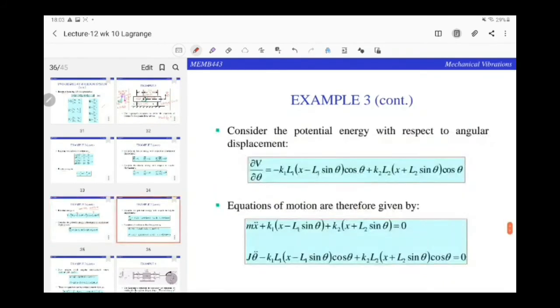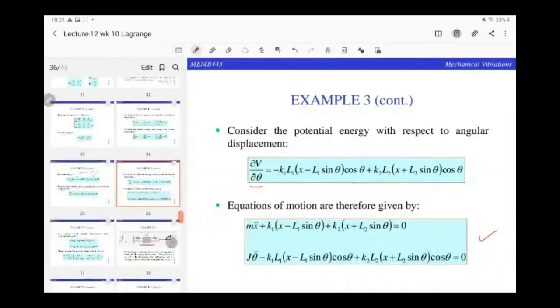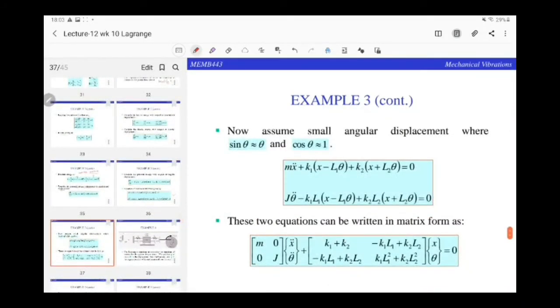Then we can go ahead and rewrite the equation of motion. We take the partial derivative and we can write the equation of motion. If you do that, you can see they already replaced it. As in the previous expressions, you don't have any sign notation before.